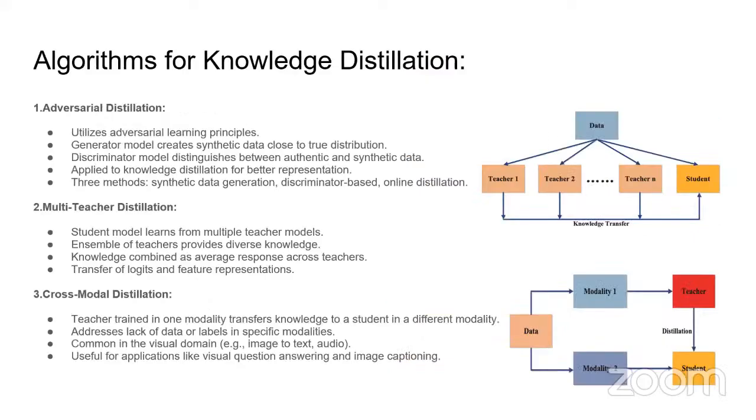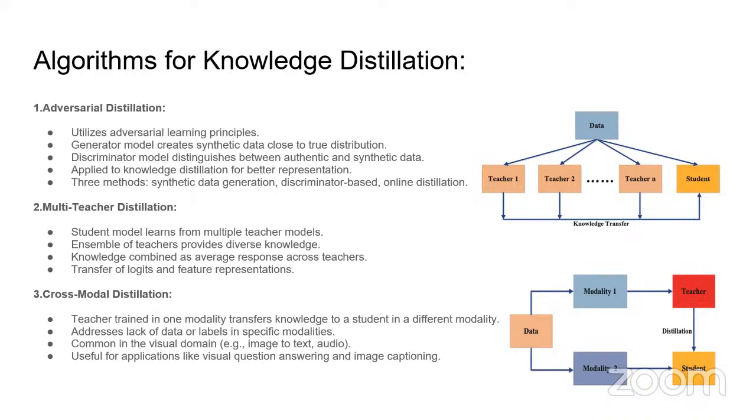So this is the complete algorithm for knowledge distillation. First, we are using adversarial distillation, which utilizes a learning principle. The generator model creates synthetic data. Synthetic means false data, close to the true distribution. The discriminator model will discriminate between the synthetic data and authentic data.